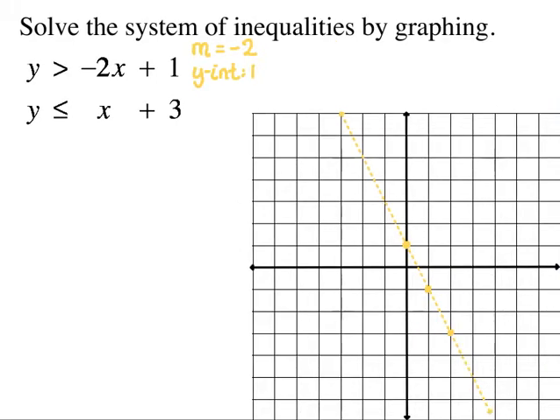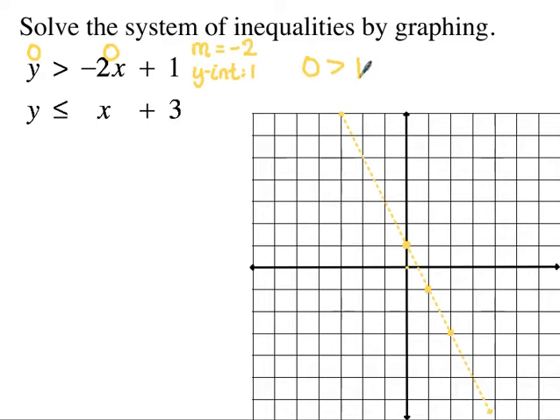Now I need to pick one point on one side of the line or the other. So I'm going to pick 0, 0. If I plug in 0 and 0, I get 0 is greater than 1. Is that true?